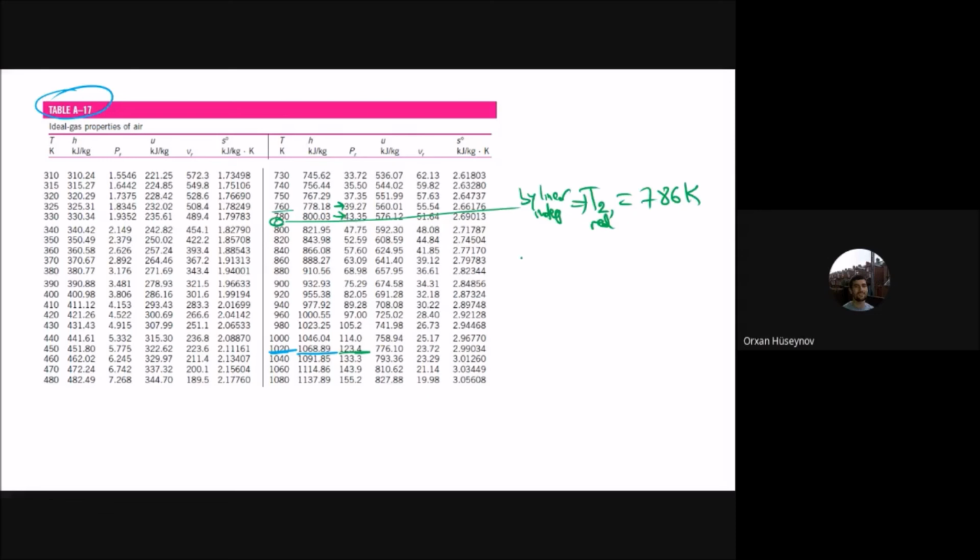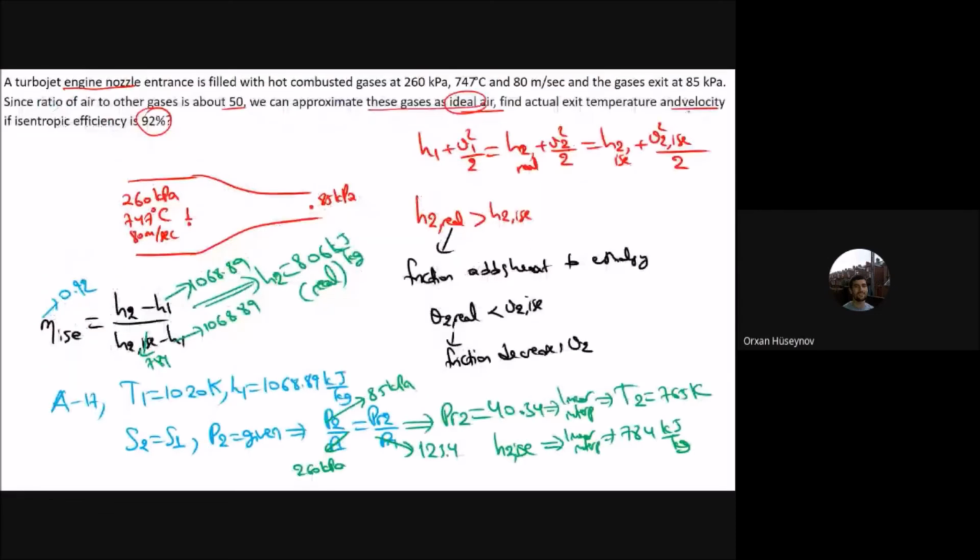The question also says to find the velocity. For that one, I will use the first law. The first law says that H1 plus V1 squared by 2 will be equal to H2 real plus V2 real squared by 2.